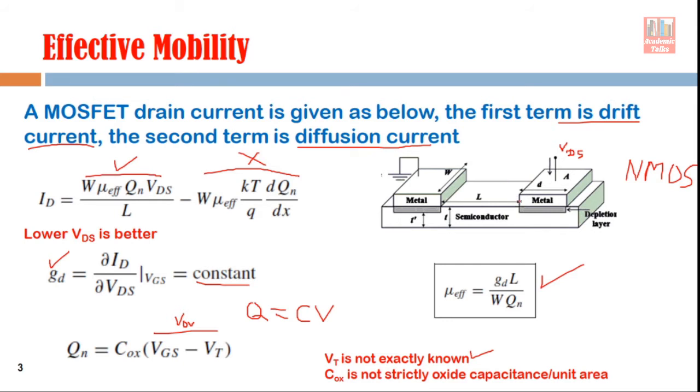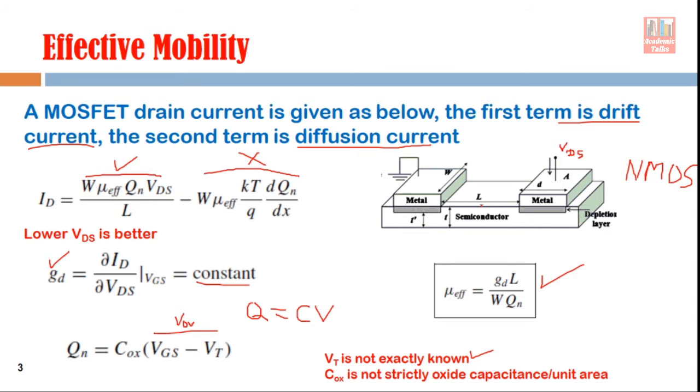For example, drain overlap and source overlap, that overlap capacitance is there. And sometimes, in MOSFET devices, the gate is made of polysilicon material.